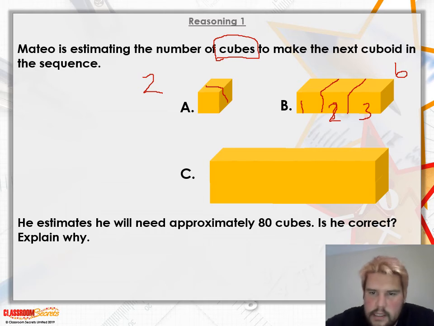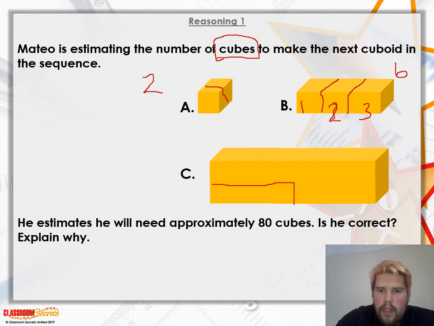Okay, now we look at C. C looks incredibly big. Let's work out how many B's we can get in here then. So I reckon if we go something like that, I think we could probably get around about 4 lots of B in here. So 1, 2, 3, 4.